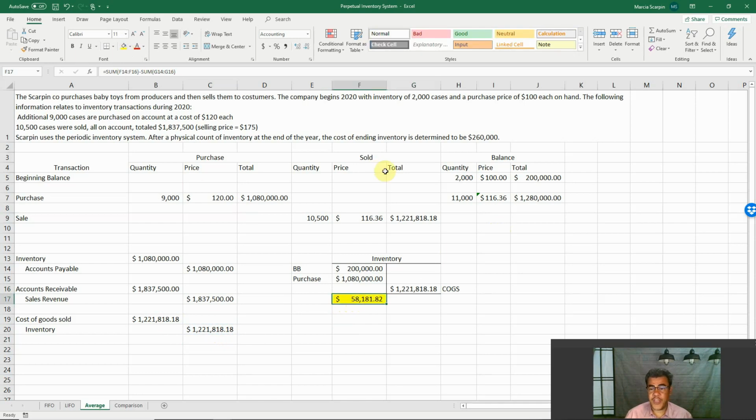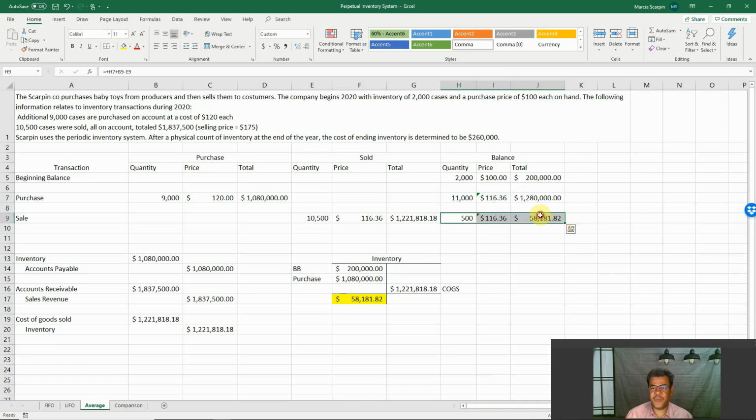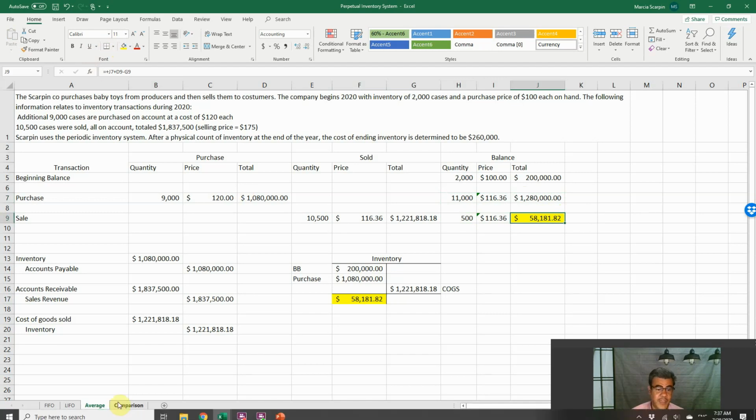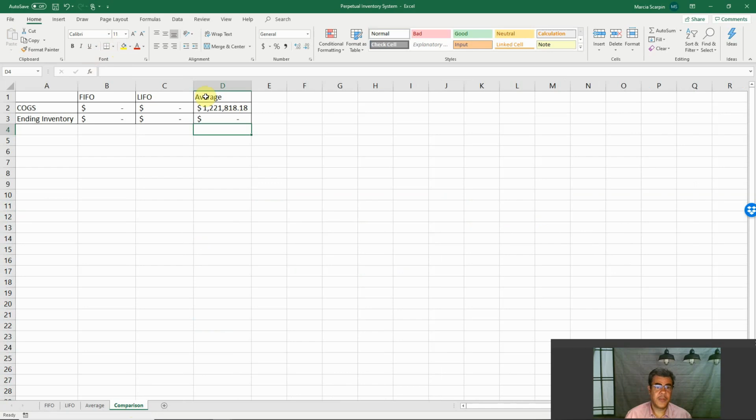Let's double check if this number is right. So let's copy and paste this formula here. And 58, and we're good. Okay, so this is the average method. And later we will compare them. So first one, average and ending inventory.